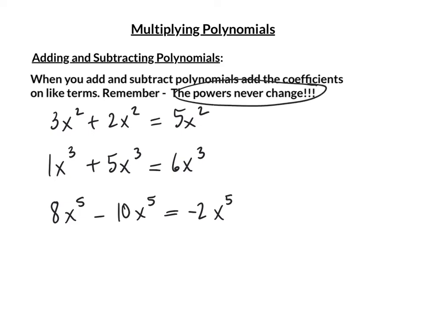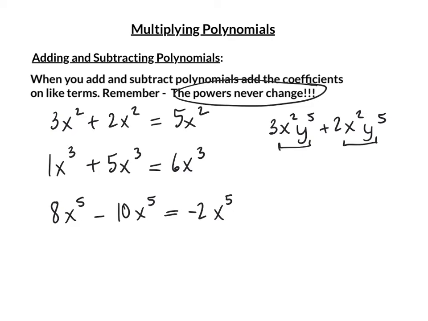I'm going to point out here while I'm at it that like terms can look very strange. For example, 3x squared y to the fifth plus 2x squared y to the fifth. This and this are like terms because they have exactly the same variables and the same powers.